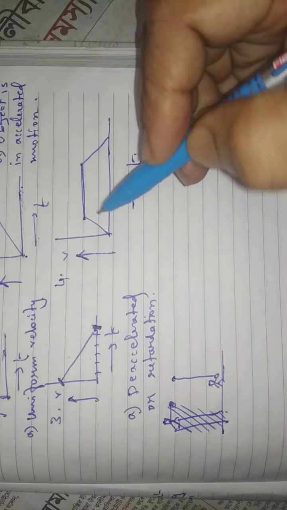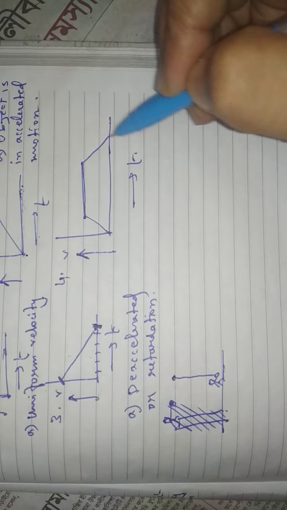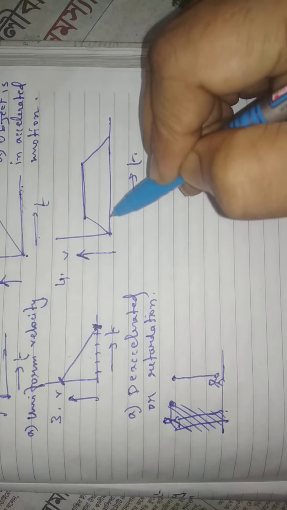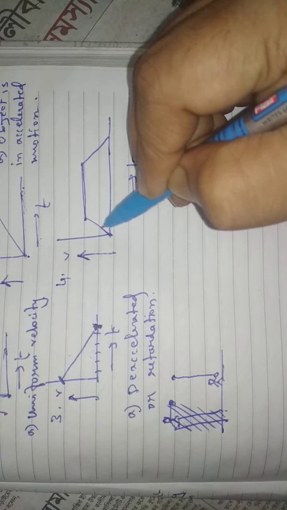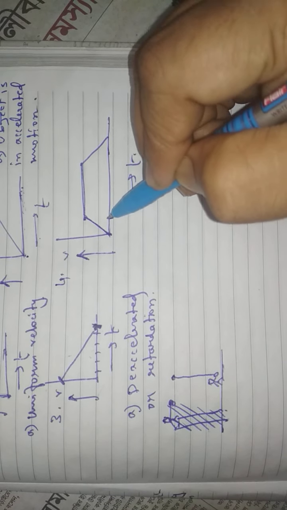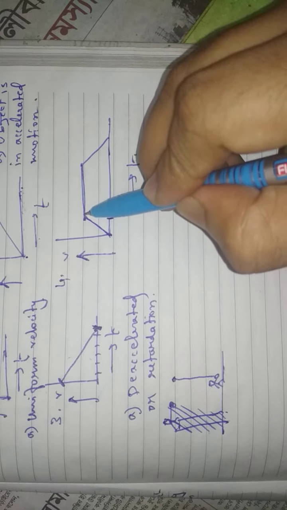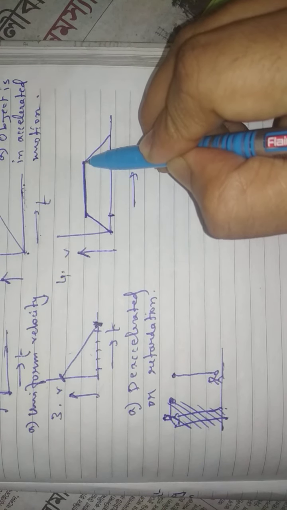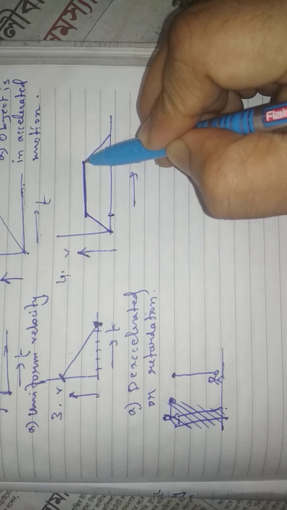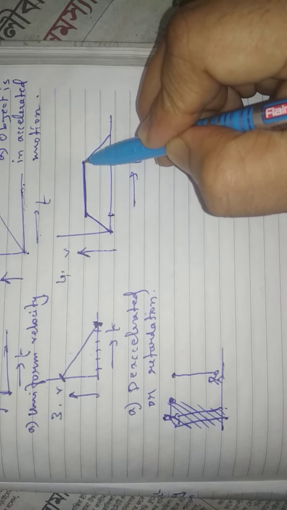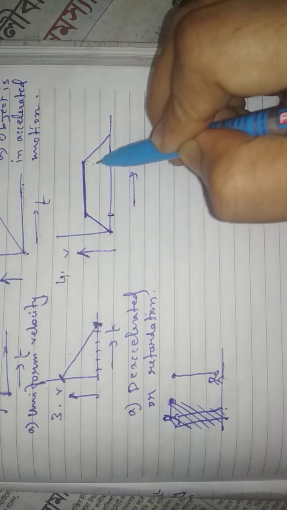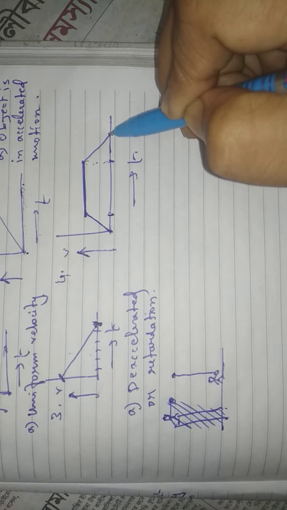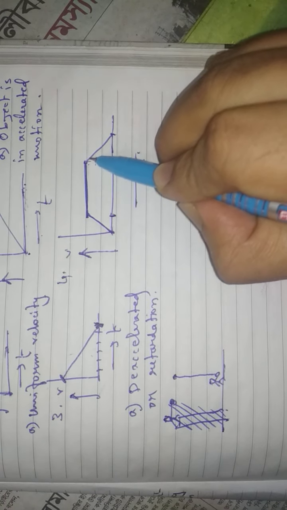And here we have a combination of all graphs. For some time there is an increasing velocity of the moving object, then it maintains a fixed velocity, no change in velocity, uniform velocity we can say, and then it was retarding.